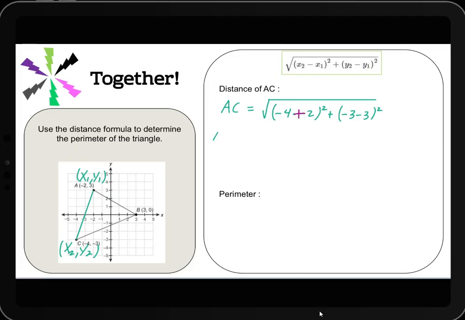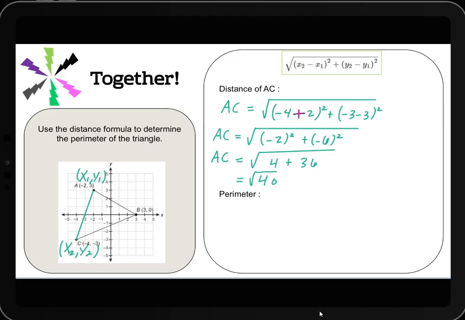So we have AC is equal to the square root of -2 quantity squared plus -6 quantity squared. So that means that AC is going to equal the square root of 4 plus 36. -2 squared is 4, -6 squared is 36. That simplifies to the square root of 40.